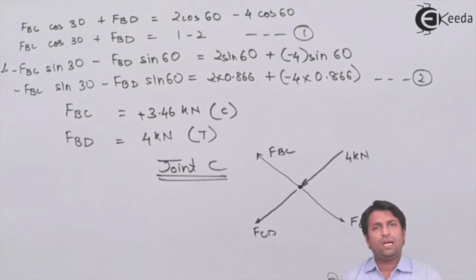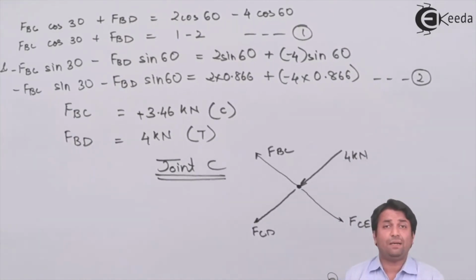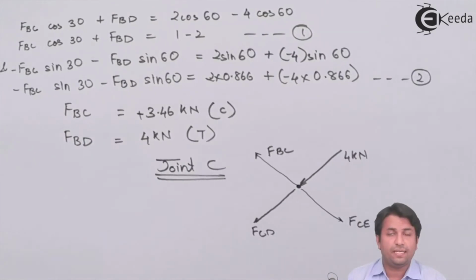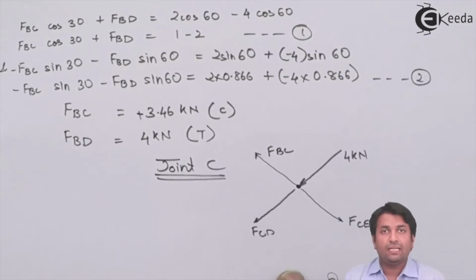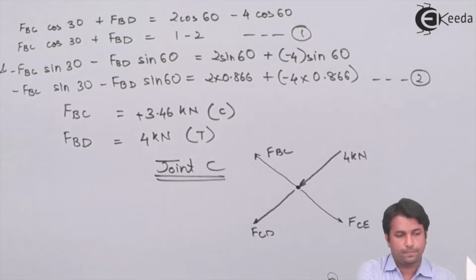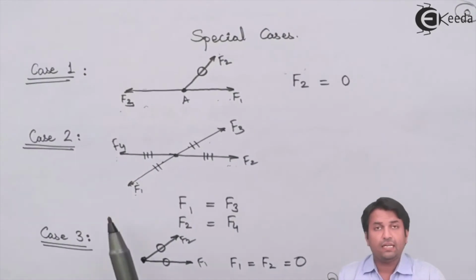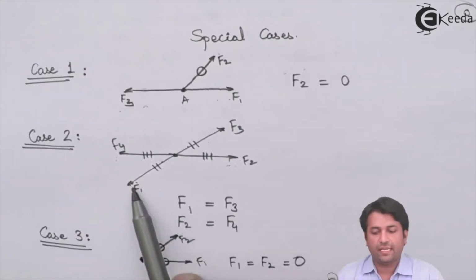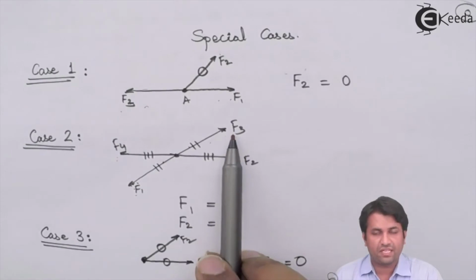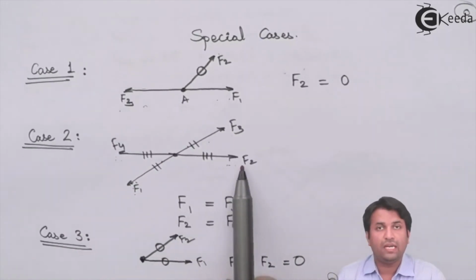Now, we don't have to solve such a joint where we can directly apply that special case. We can see that this is a special case of type 2, wherein the force in member F1 is the same as the force in member F3, and the force in member F4 is the same as the force in member F2.